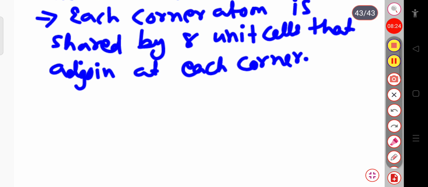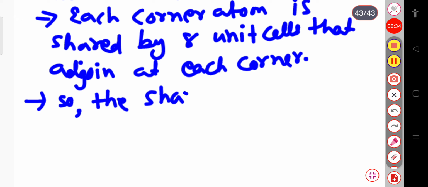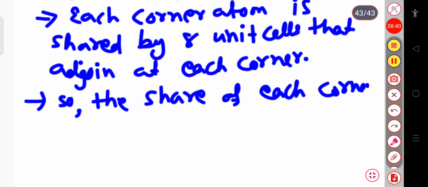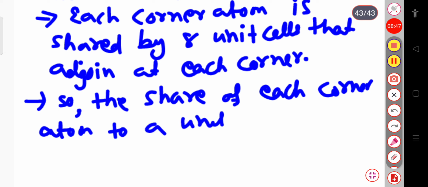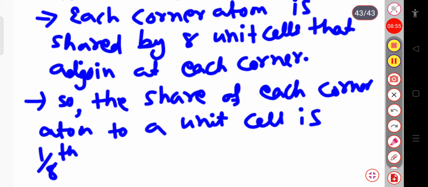So the share of each corner atom to a unit cell is 1/8 of an atom.